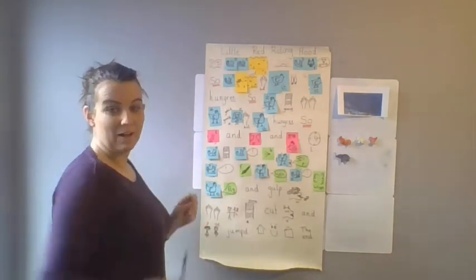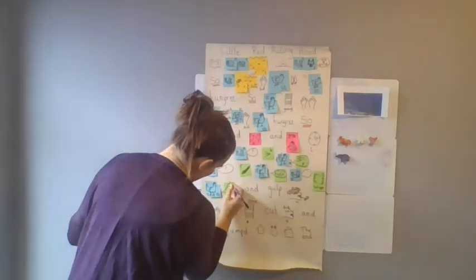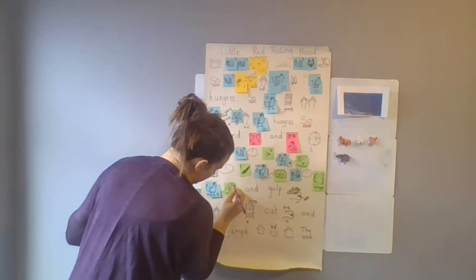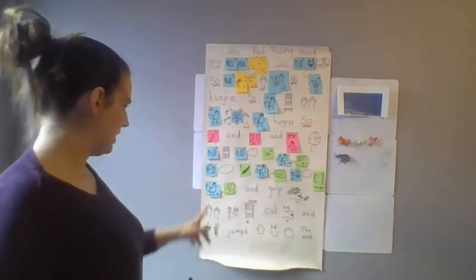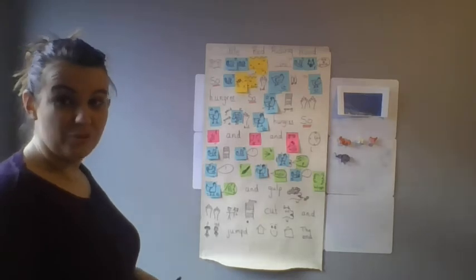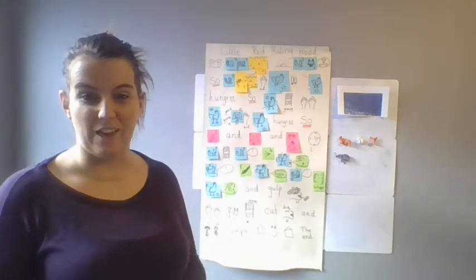So that's how we spell the word fly. Fly, and we're going to draw some little wings in there to remind us that that's what that is. The chicken said, "All the better to fly at you with." So what action do you think we could do to fly at you?